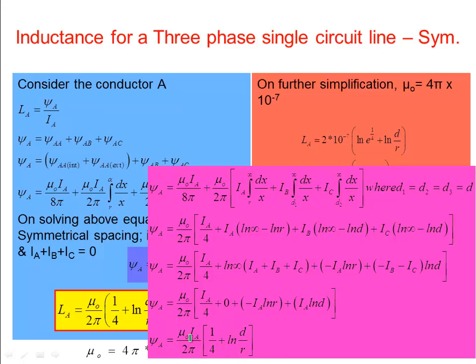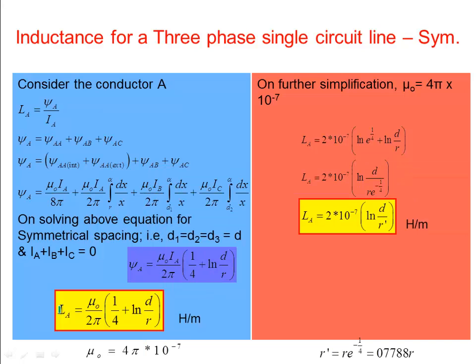This is nothing but what we have derived for the single-phase single circuit. The same type of equation once again we got for our three-phase single circuit also. For L, that is the inductance in conductor A, equal to mu naught by 2 pi, 1 by 4 plus Ln d by r.